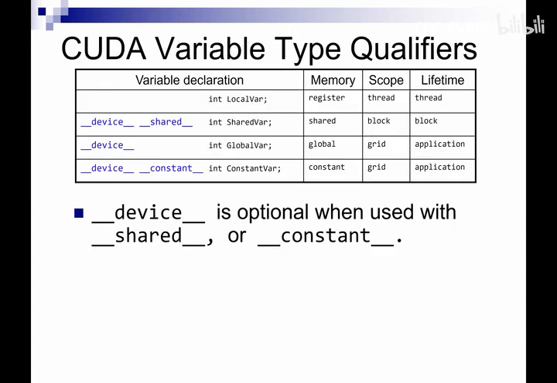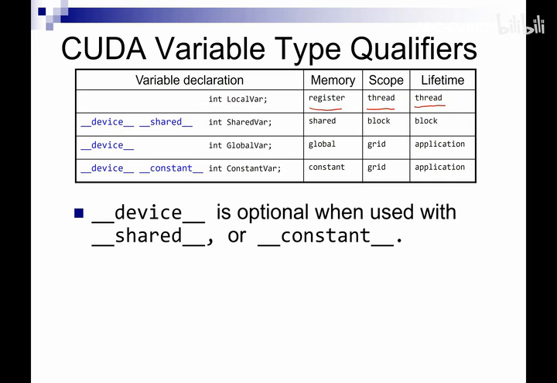Now let's look a little bit at how we can declare these different types of memory. Unless you make a special declaration, by default the variables you declare are going to be stored in the registers. Registers can only be seen by the thread that declared the variable, so the scope is a thread, and the lifetime of the data is until the thread terminates, then the data goes away.